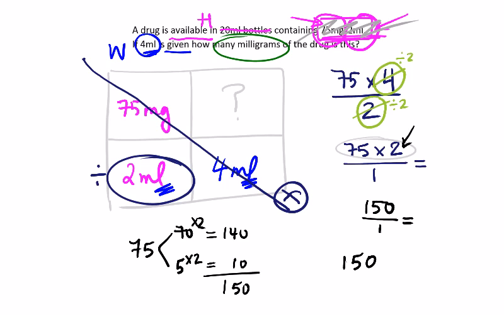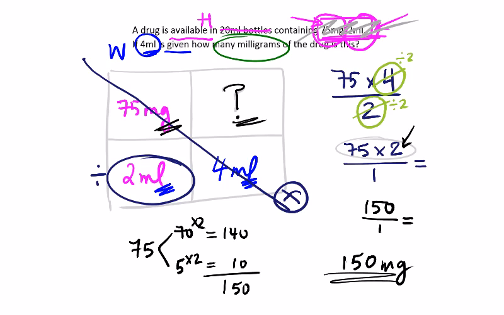Now, what does the question mark tell us? That we need to match the units with milligrams. And now we read the question again to see if we have answered. How many milligrams of the drug is this? 150 milligrams.